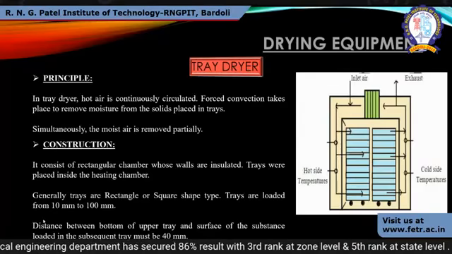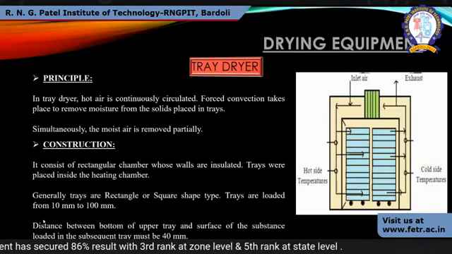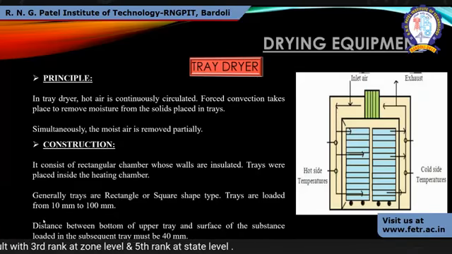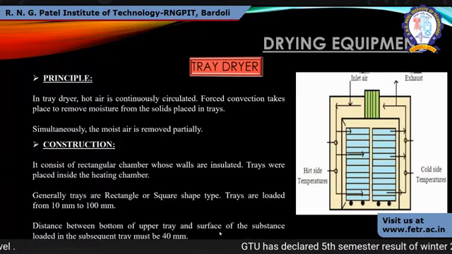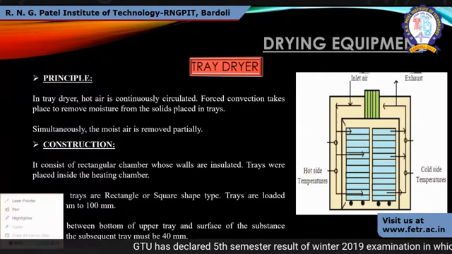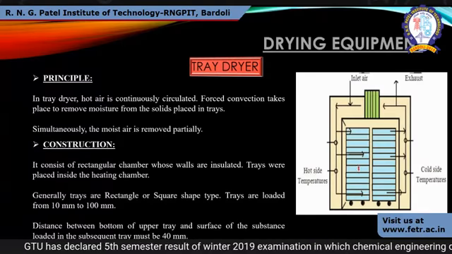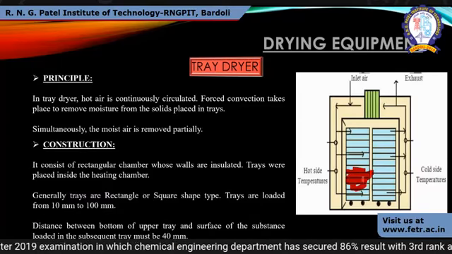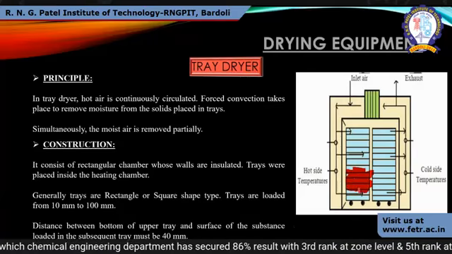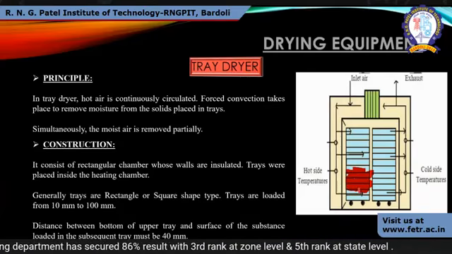Now there is one equipment, that is the tray dryer. It is very simple. Batch type operation is performed in the tray dryer. See, these all are the trays of the tray dryer, in which we fill our wet solids, right?